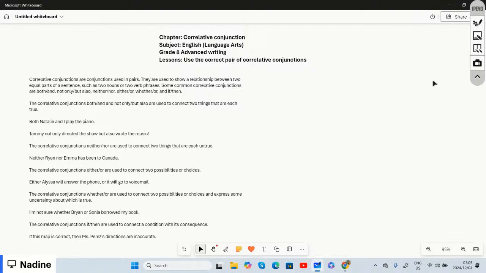And then the lesson that we are doing today is that we're going to use the correct pair of correlative conjunctions.